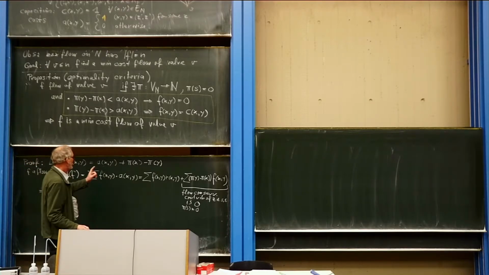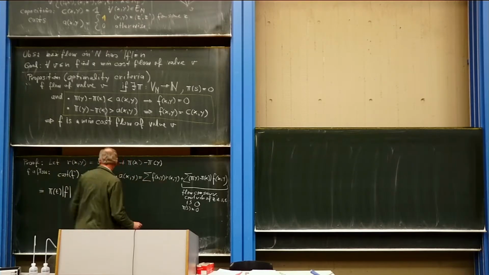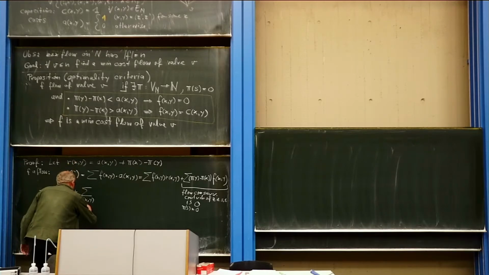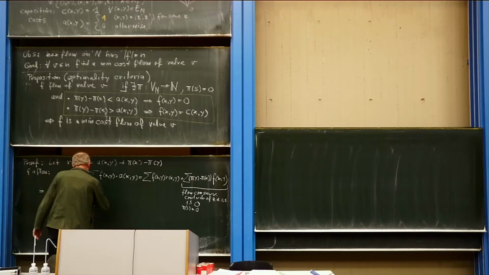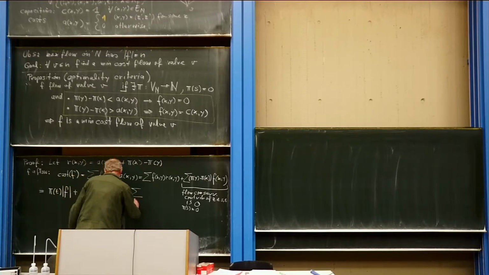And now we have this contribution, and what we do is we split this into two parts. Part where the r is larger than 0, f_xy r_xy, plus the part xy where r is less than 0.